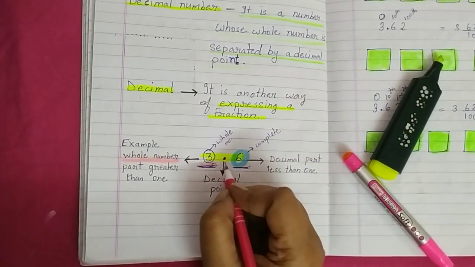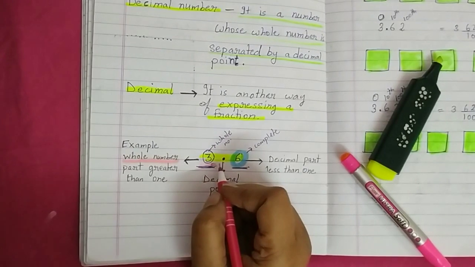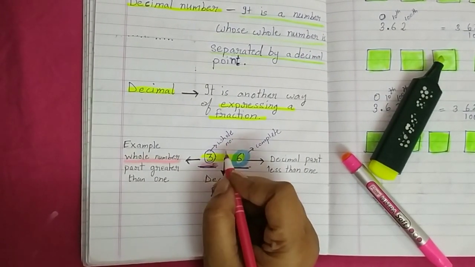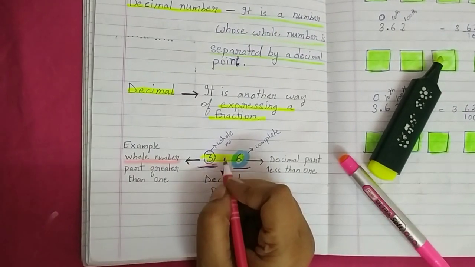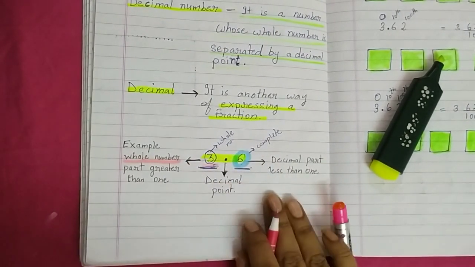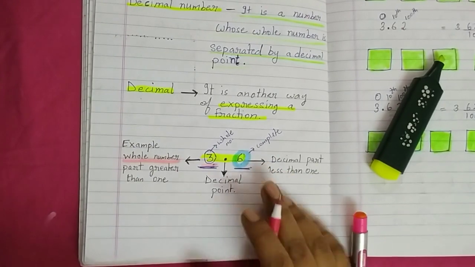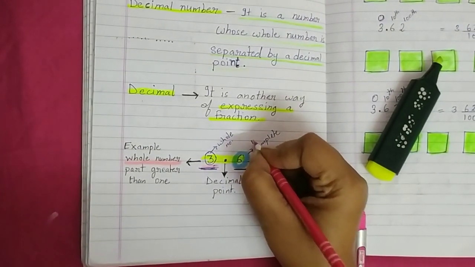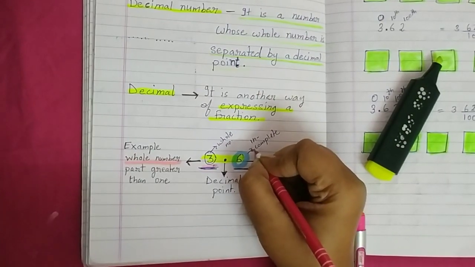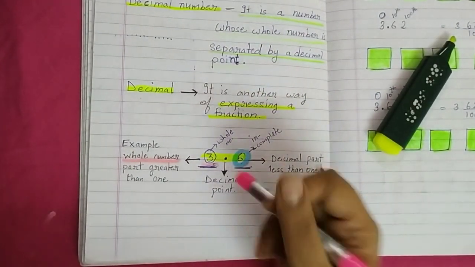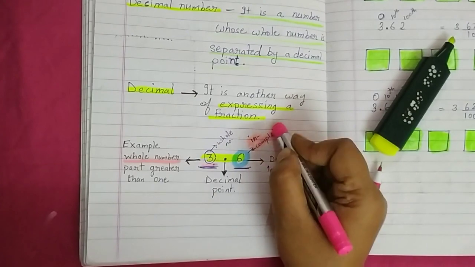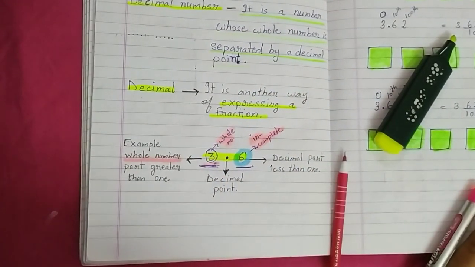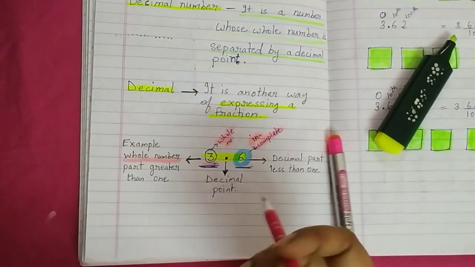This is clear. Before the decimal, on the left hand side, is the whole number, which is complete. After the decimal, on the right hand side, is incomplete. Now, I am repeating again.